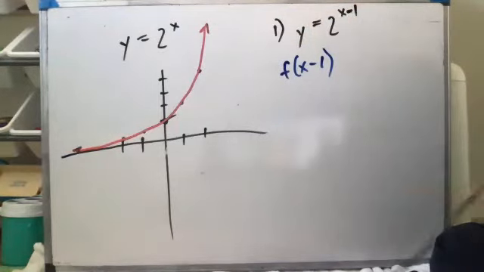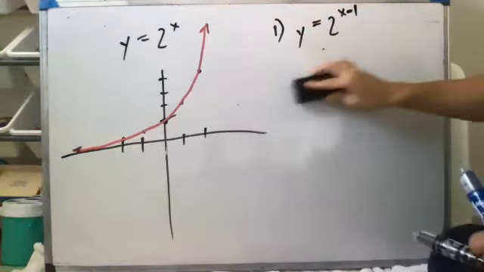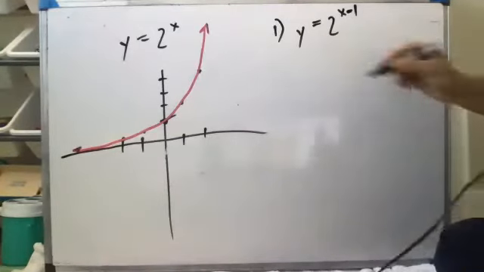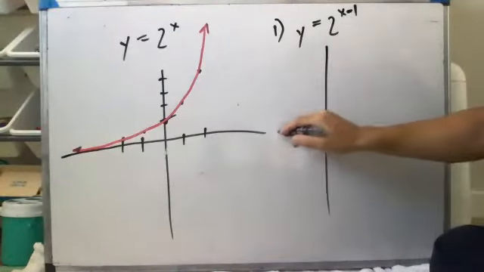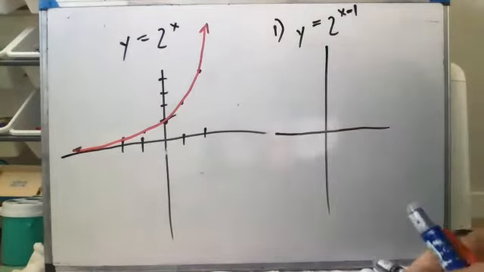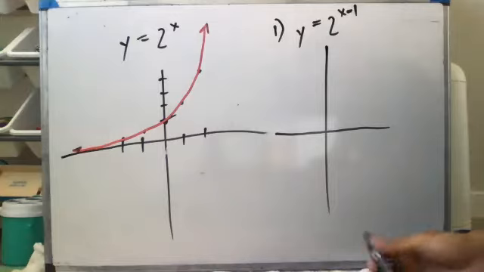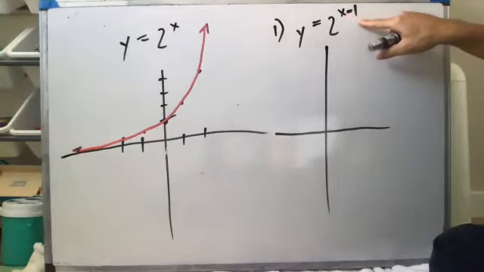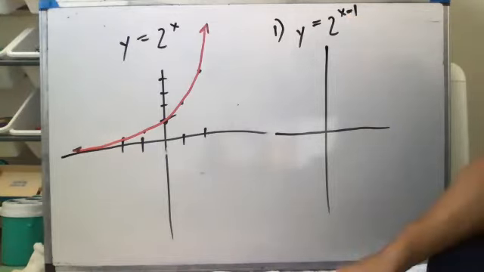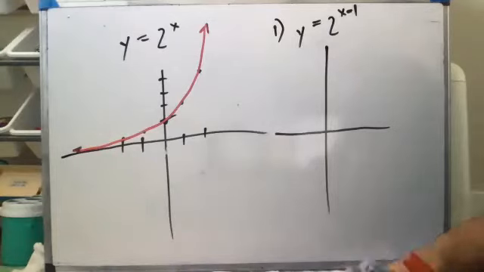So what's going to happen is it's going to take the same exact shape as the original graph, and it's just going to shift. Which way do you think this minus 1 is going to make it shift? To the right one? Yeah, to the right one, exactly.